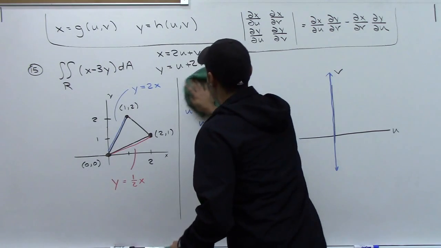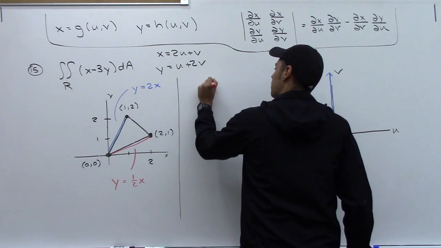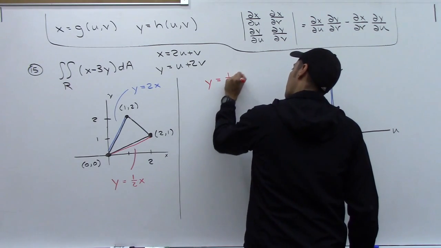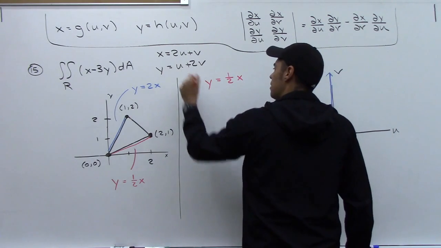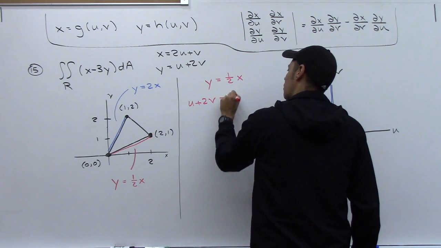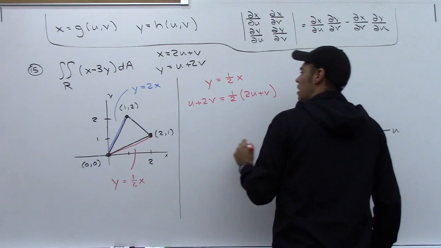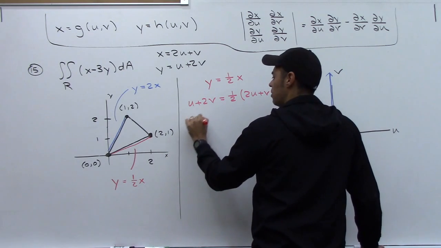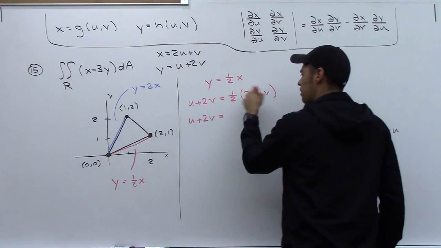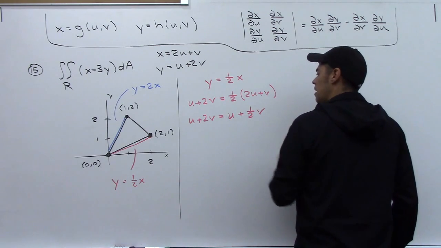So I'm going to write this down right here. y equals 1/2 x, and y is u plus 2v. 1/2 x is 1/2 times x, which is 2u plus v. And that's u plus 2v equals, distribute the half through, u plus 1/2 v.